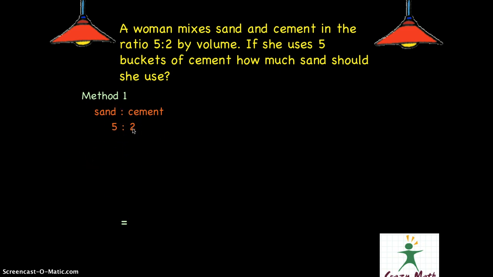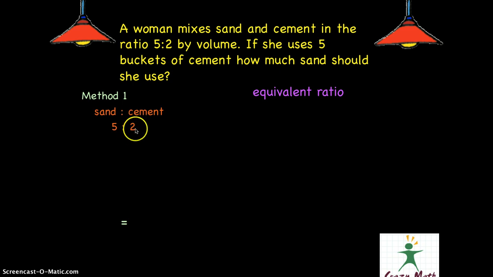So we're going to use the concept of equivalent ratio. If we are reducing it or making the number less, are we using division or multiplication? If we want to make the number small, we are going to use the operation division.